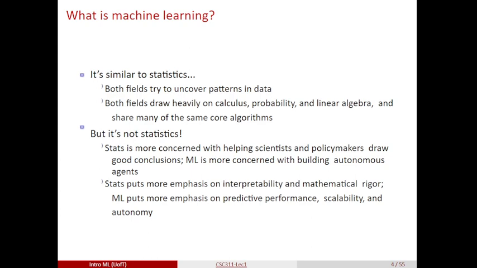And statistics puts way more emphasis on interpretability and mathematical rigor, while machine learning puts more emphasis on predictive performance, scalability, and autonomy. That sort of makes sense, because statistics is used in the science lab, while machine learning can be used for a wide array of things, which I just covered in the last slide.